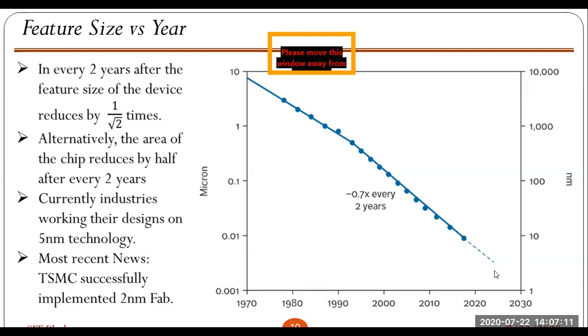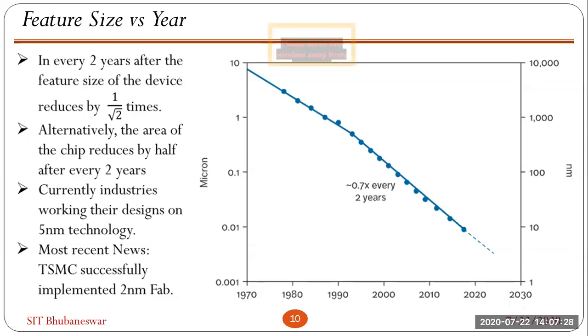It means the present divided by the previous. If you multiply 180 into 0.7, what will you get? Around 130, but it's taken as a round number, 130. So that's the main reason why it is 1 by root 2, not half.